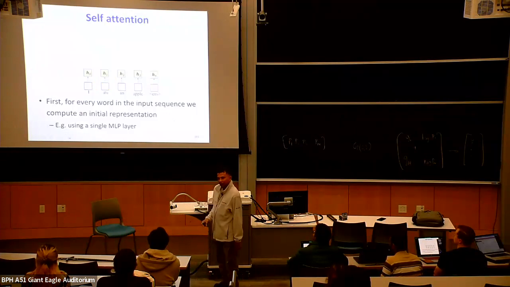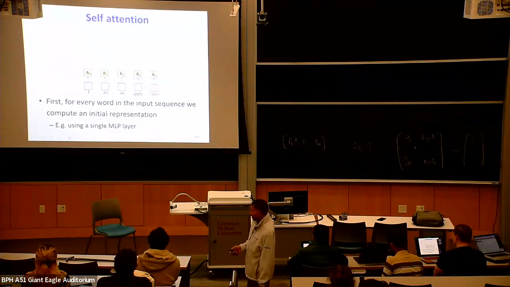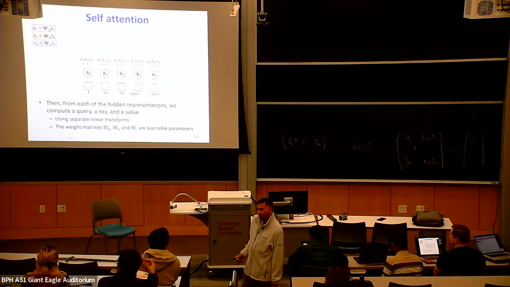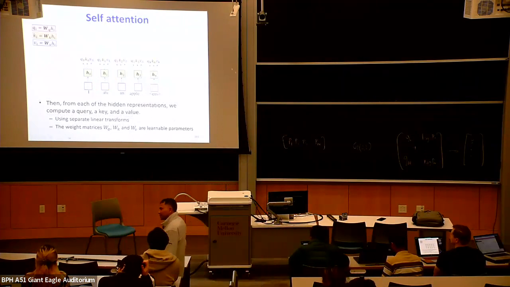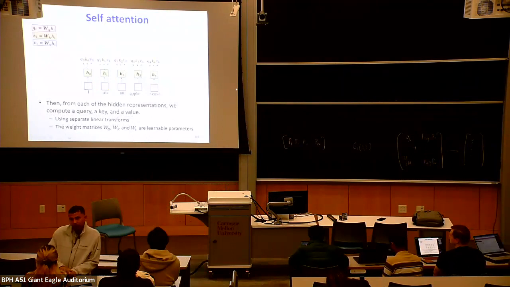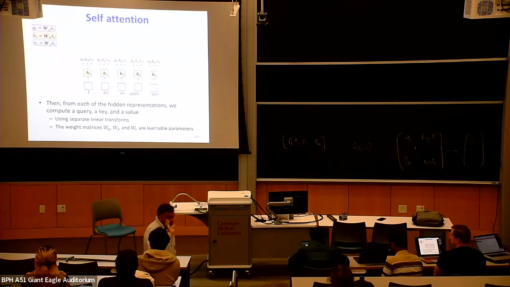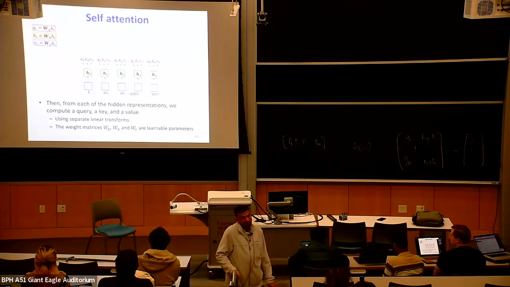I'd just compute an initial representation for all of the words. Then, from each of the words, I would compute an updated representation. And the updated representation is going to consider all of the neighbors. In order to do this, from each word I'm going to be computing, just as before we computed a key and a value, and on the decoder side, we computed a query.